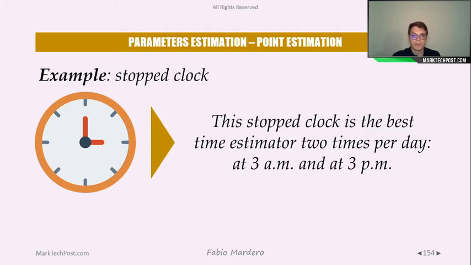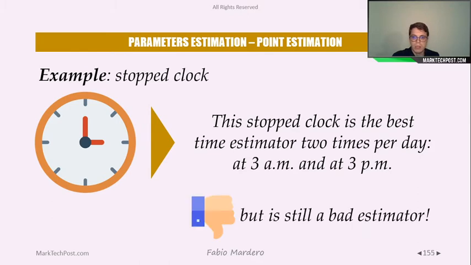An example. Why do we need to define the bias and to require preferably that the estimator be unbiased? Let's look at a stopped clock. In this particular picture, you see a stopped clock that is the best estimator 2 times per day, at 3 AM and at 3 PM. That's strange. I mean, the sentence is true, but I would not say that this estimator is the best estimator I could find.